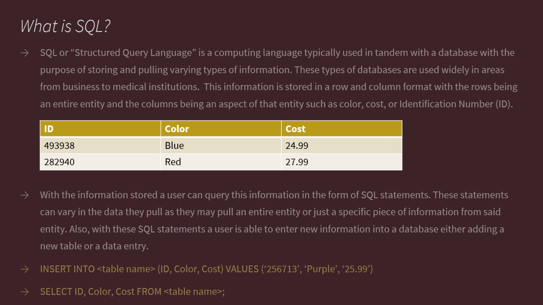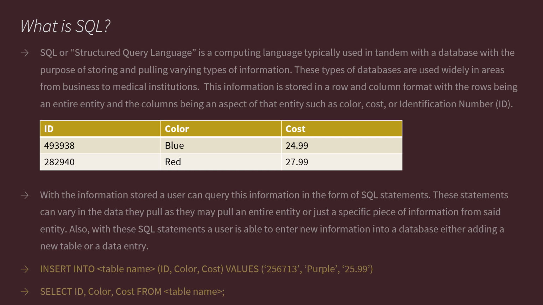With the information stored, a user can query the information in the form of SQL statements. These statements are used to pull and enter information, and they can be used to either pull an entire entity or just specific pieces of information from the entity. You are also able to store, create, and enter new kinds of information into tables or create tables.